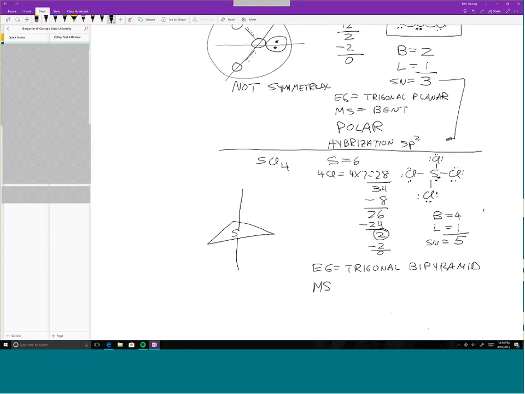There's actually a rule for trigonal bipyramid. Lone pairs on the center atom, I should say, go in the trigonal plane.